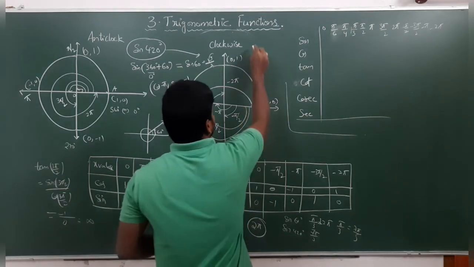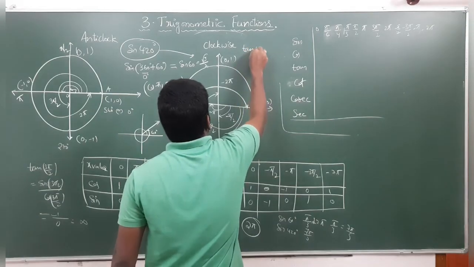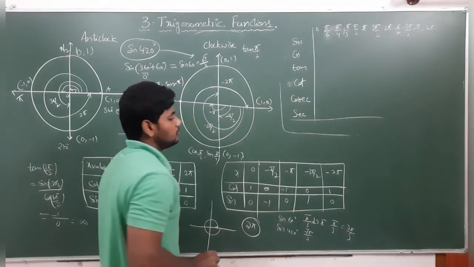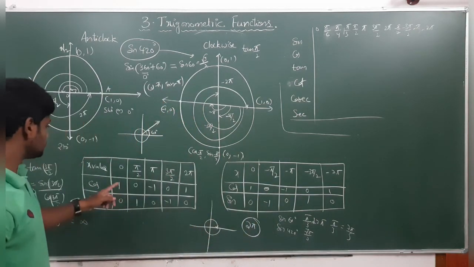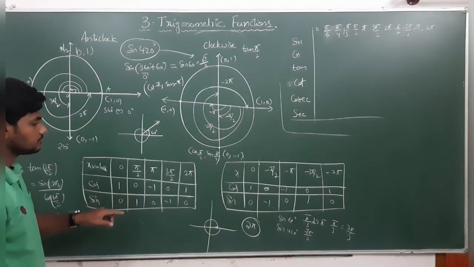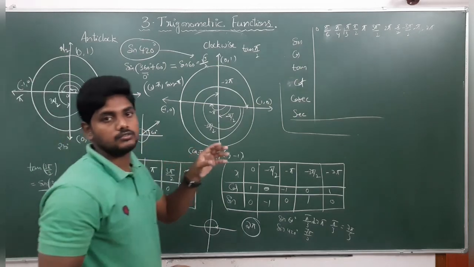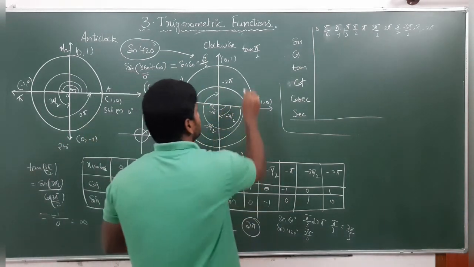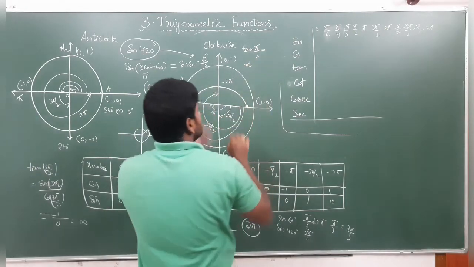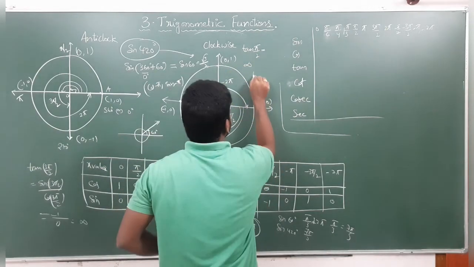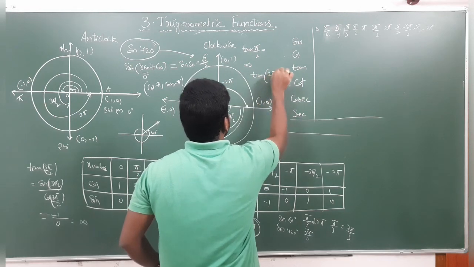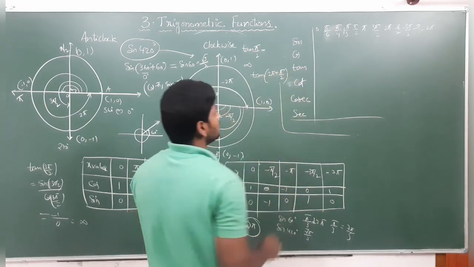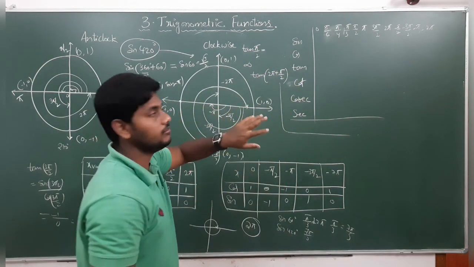And tan pi by 3 is equal to tan 7 pi by 3, and the same holds for every angle. Take tan pi by 2. What is the value of tan pi by 2? Tan pi by 2 is nothing but sin by cos. Sin 90 is 1, cos 90 is 0, so tan 90 is 1 by 0, which is undefined, right? Now this tan pi by 2 is also equal to tan of 2 pi plus pi by 2, because after an interval of 2 pi the value remains the same.